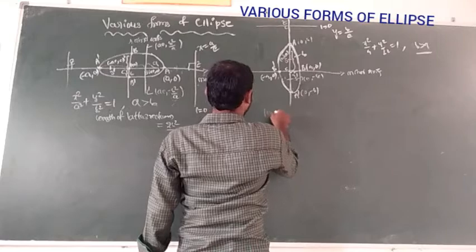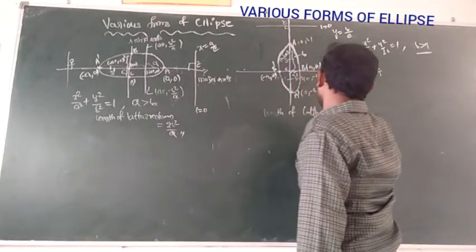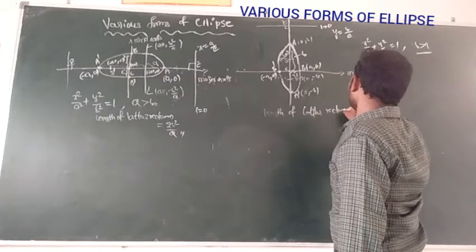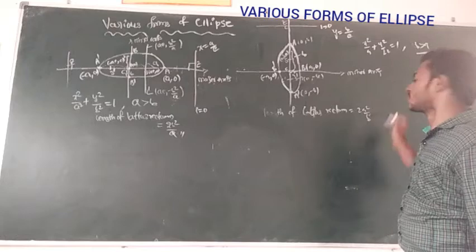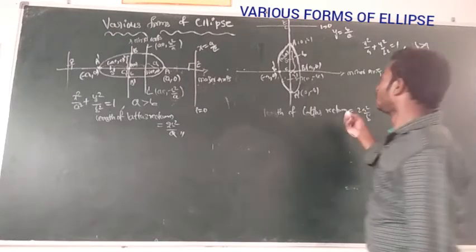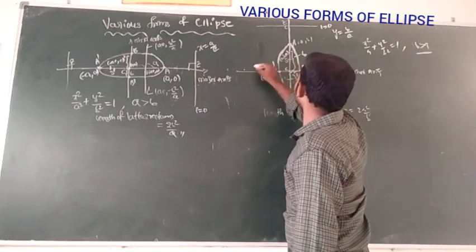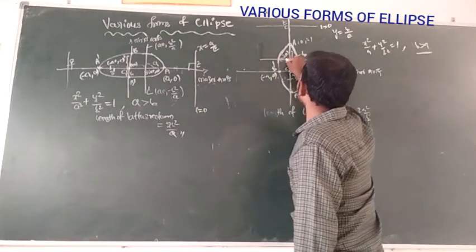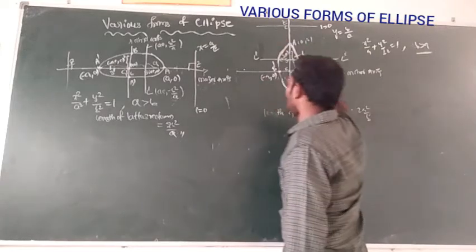And here the length of latus rectum is 2a square by b. Where this latus rectum is perpendicular through the focus, so this is L and this is L dash.